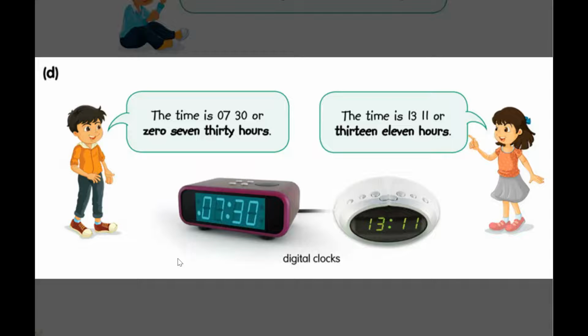Here in your textbook and notebook in maths, they write 07 space 30, 13 space 11. How do you read 13 space 11? You look here, 07 30 hours. 13 11 hours. That's how you read.